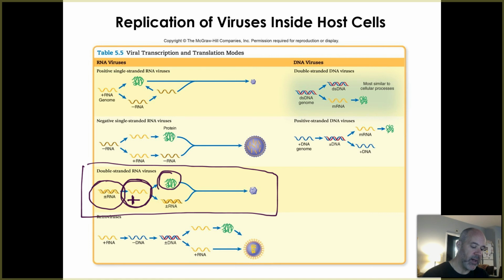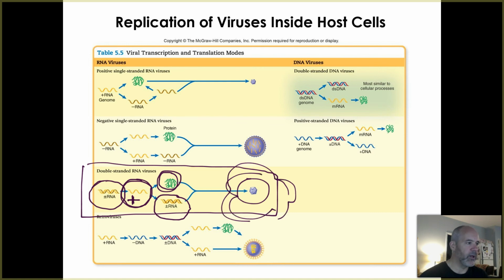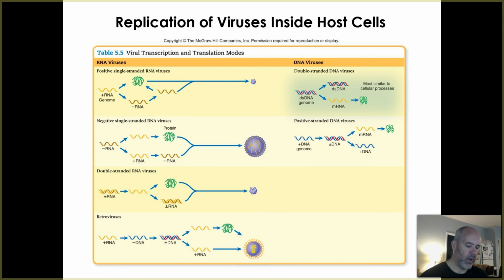Those get read to make the virus's proteins. You've also got to make more of those double-stranded RNAs. Again, you're going to have an RNA polymerase enzyme that does this. And once you've made lots of virus proteins and you've made all these new genomes, you can assemble your new viruses over here.